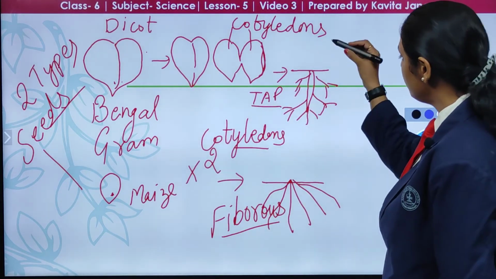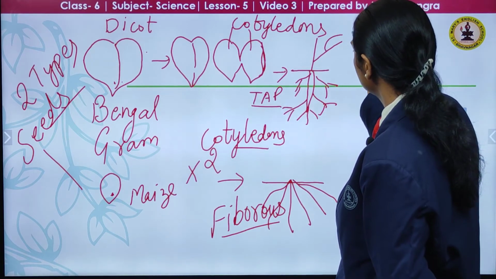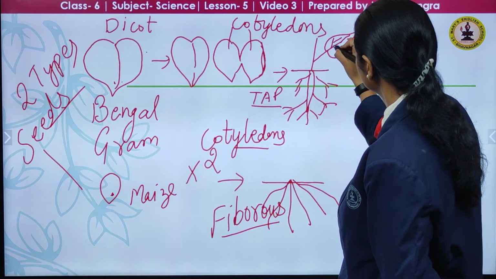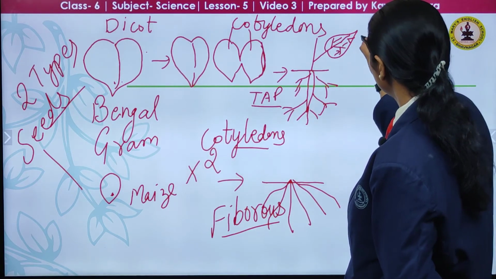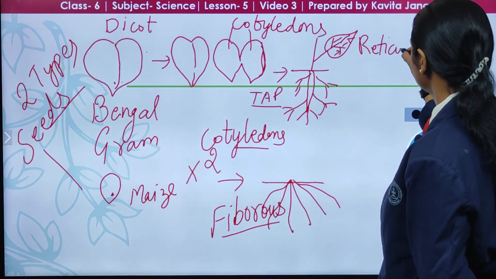And do you know what the leaf of the plant that will grow on it will be like? It will be like this. That means what type of venation? Reticulate venation.